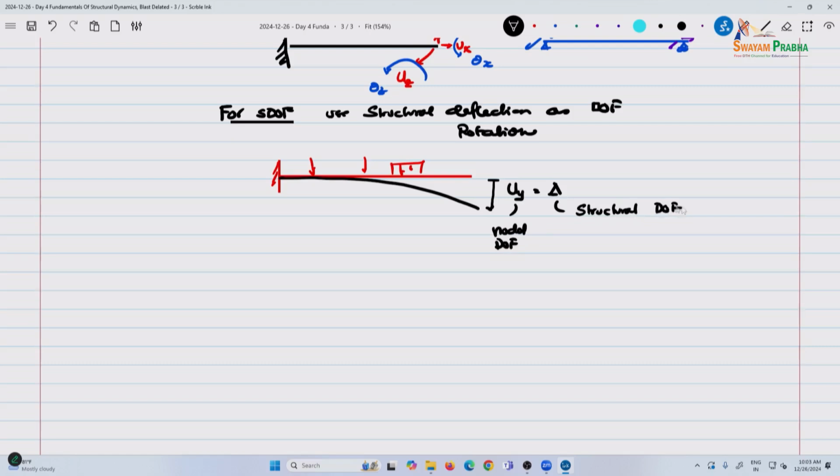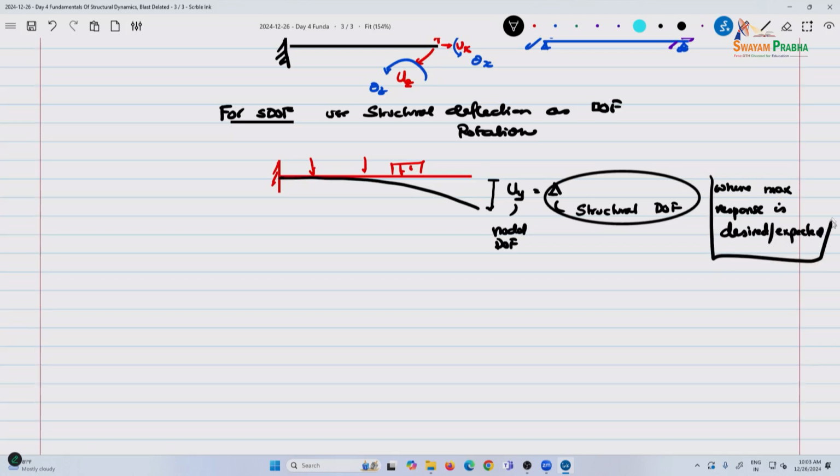And what we are looking for is a structural DOF where a maximum response is desired or expected. So we predetermine where that maximum response is and then keep that as a focus to use analytical expressions for deflections.